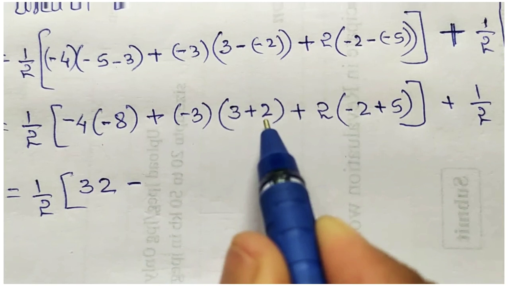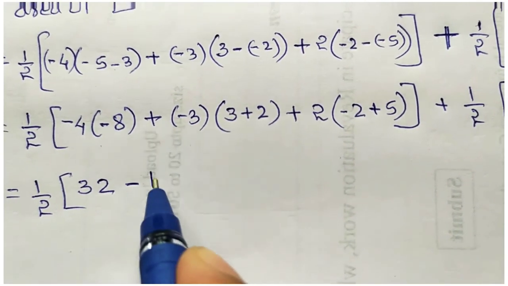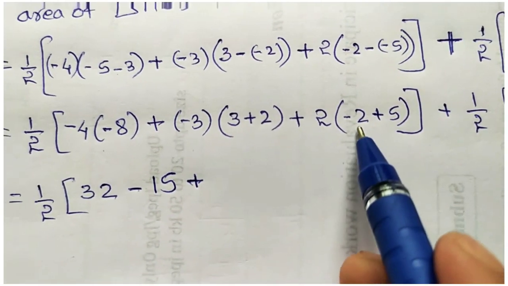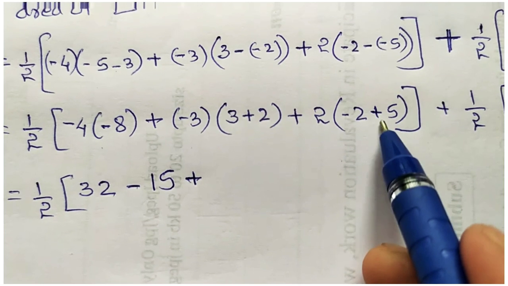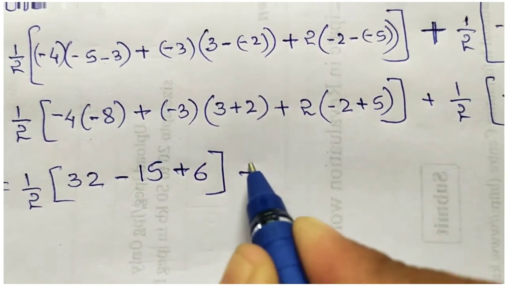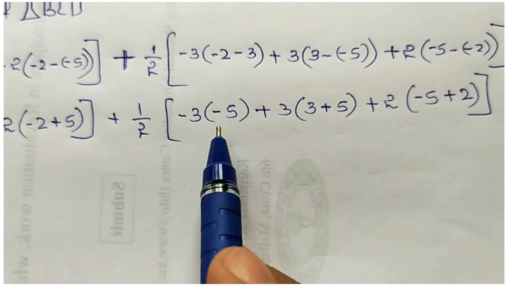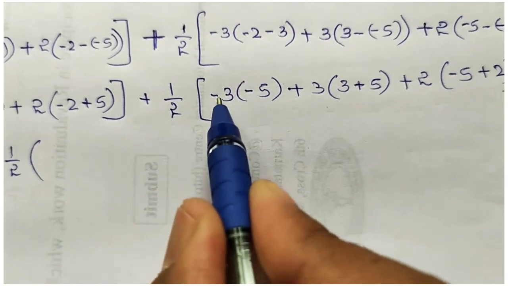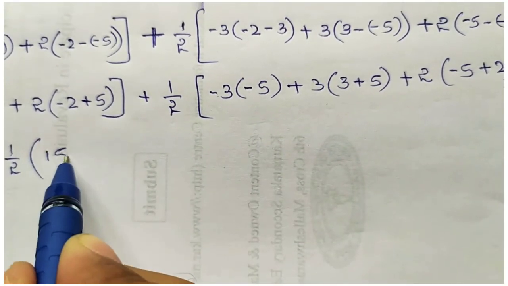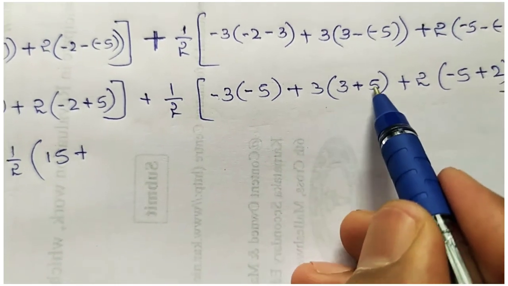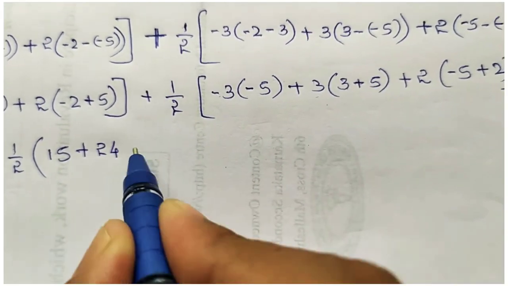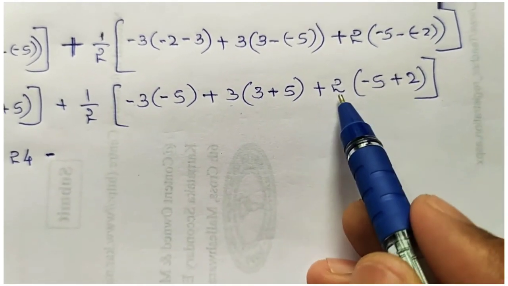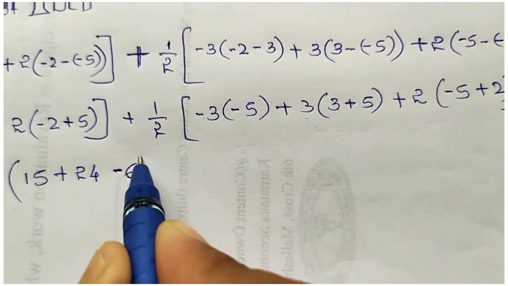Again 3 plus 2 is 5, 5 3s are 15, here minus is there, minus into plus is minus, so minus 2 plus 5, it will be 3, 3 2s are 6, plus, now solving this one, 1 by 2, minus into minus plus 3 5s are 15, plus 3 plus 5 is 8, 8 3s are 24, and here minus 5 plus 2, it will be minus 3, minus 3 into 2 is minus 6.